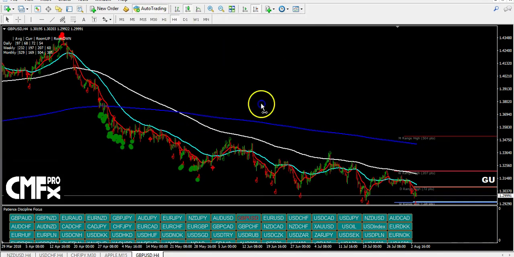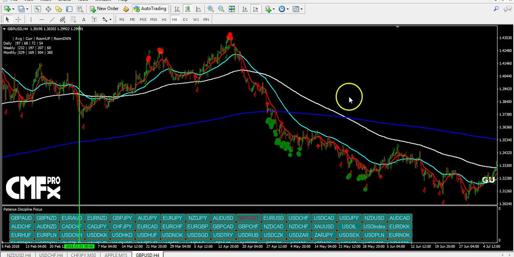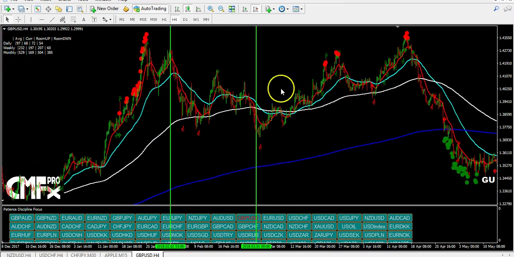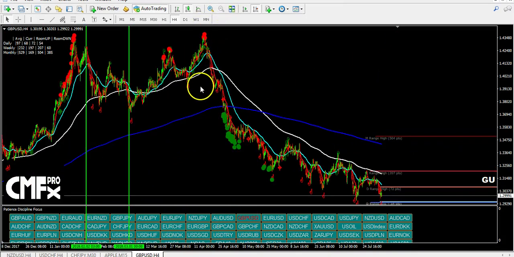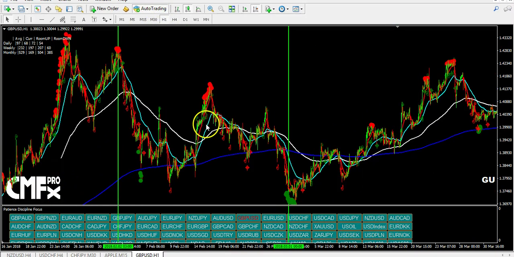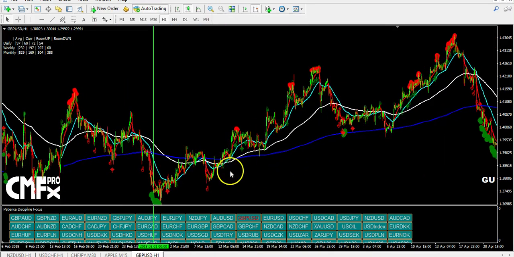So H4 conditions. Let's see. A lot of swing trades, weekly swing trades, can be taken off of the H1 exhaustion conditions, quite honestly. That will last you.